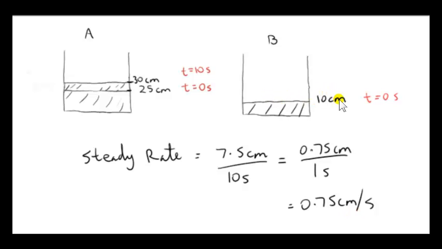Now I'll show the picture for the situation at t equals 10 seconds. We have an increase of 7.5 centimeters, so this new depth will be 10 plus 7.5, which is 17.5 centimeters.